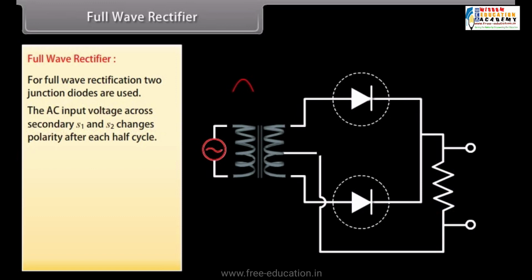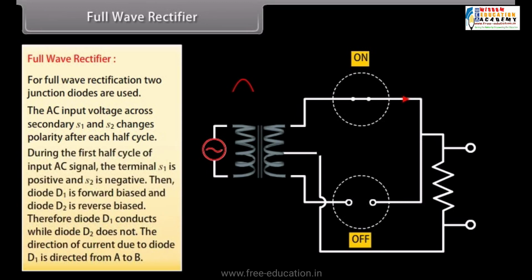The AC input voltage across secondary S1 and S2 changes polarity after each half cycle. During the first half cycle of input AC signal, the terminal S1 is positive and S2 is negative. Then, diode D1 is forward biased and diode D2 is reverse biased. Therefore, diode D1 conducts while diode D2 does not.